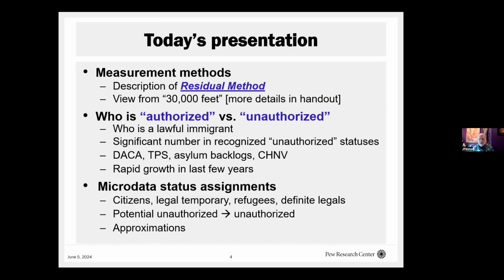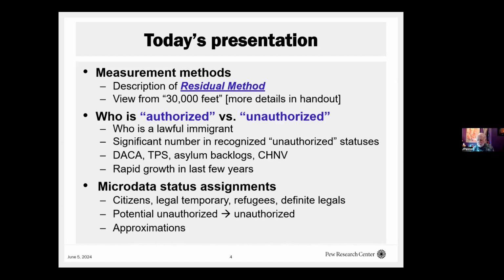I'm going to talk next about who is unauthorized and who is authorized, who is a lawful immigrant. This is important. These days, there's a growing number of people that are part of our unauthorized immigrant population estimates that are actually known to the government and are in contact with the government.